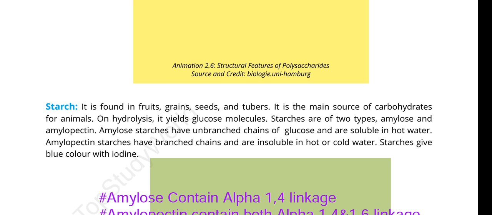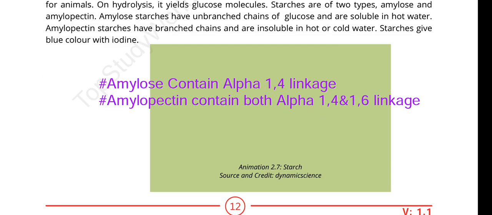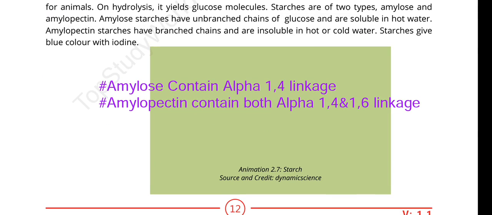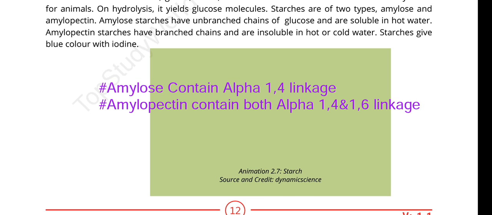When starch reacts with iodine, and the test that is used to distinguish polysaccharides is called the iodine test. Actually, there are two different bonds present in amylose and amylopectin. In amylose, there is the alpha 1,4 linkage. What is meant by alpha 1,4 linkage? These are two types of isomers, one is alpha and one is beta.